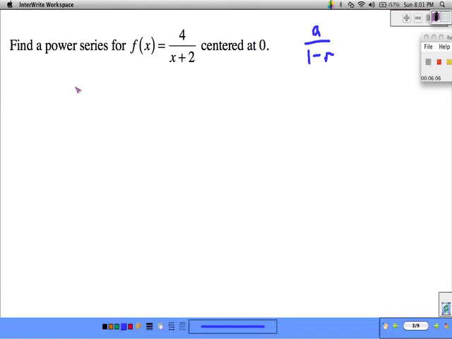Well, I can get a 1 down there by dividing by 2, but I have to do that to everything. So my function is now 2 over 1 plus x over 2. But I need 1 minus the common ratio. So 2 over 1 minus negative x over 2.